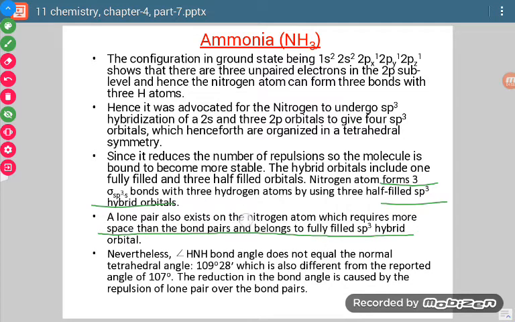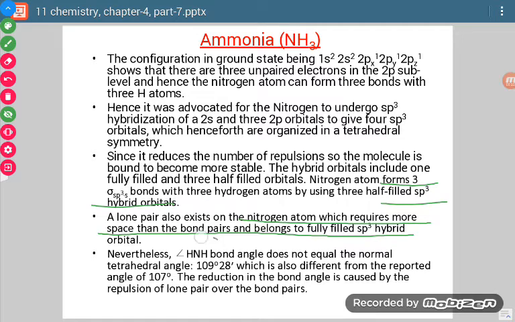This is according to the postulate of hybridization. A lone pair which exists on the nitrogen atom requires more space than the bond pairs and belongs to a fully filled sp3 hybrid orbital. So just like I said, 4 hybridized orbitals were formed. One orbital contains the lone pair and the other 3 are used in the formation of sigma bonds.